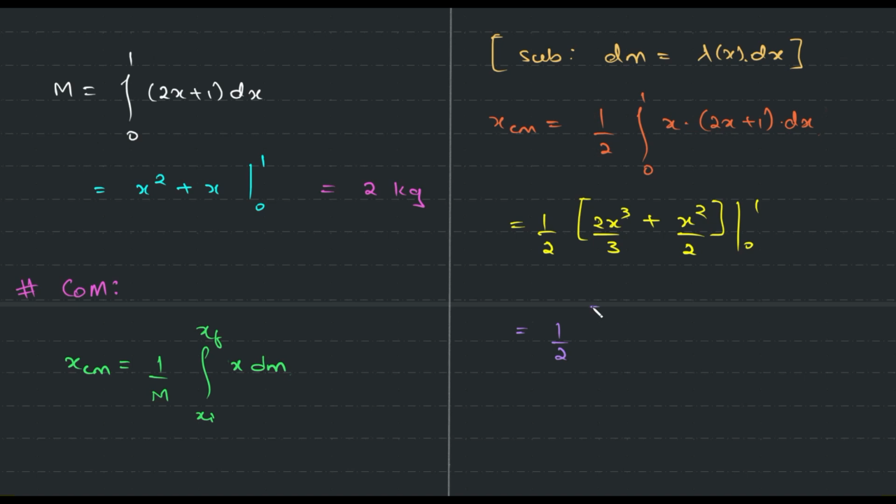So 1 by 2 times, 2 by 3 plus 1 by 2. The LCM here is 6, and 12 in the denominator. This is 4 plus 3 by 12, that is 7 by 12. Okay, so that's that. So your final answer, you guys can figure it out.